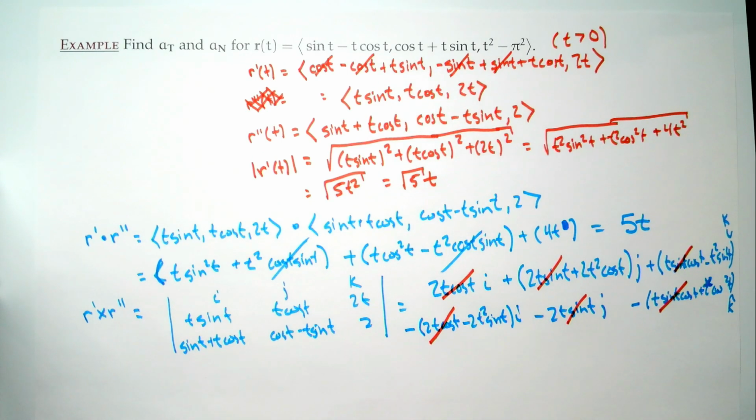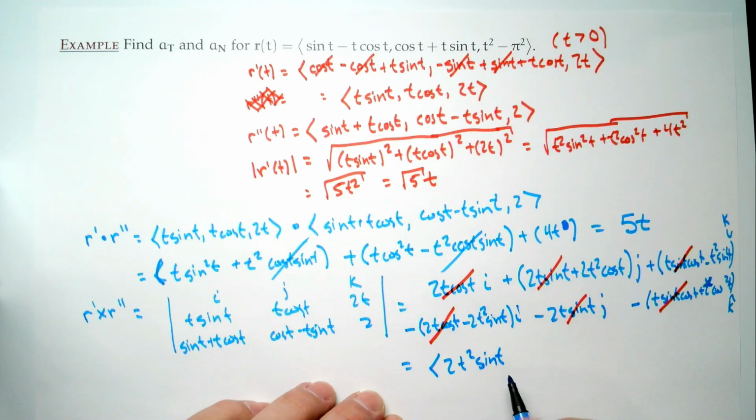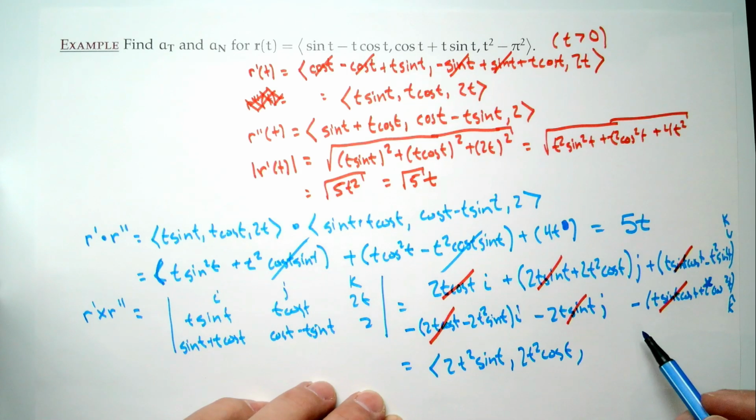Well, minus minus makes plus 2t squared sine t, comma, then 2t squared cosine t, comma. And then I have a minus t squared sine squared and a minus t squared cosine squared, which makes this last entry minus t squared.